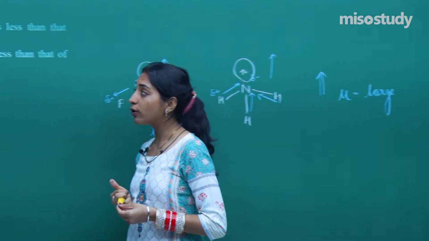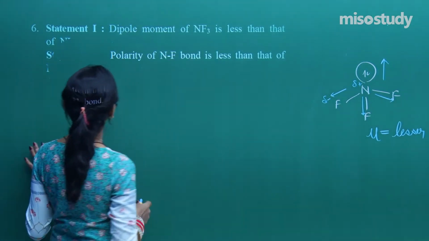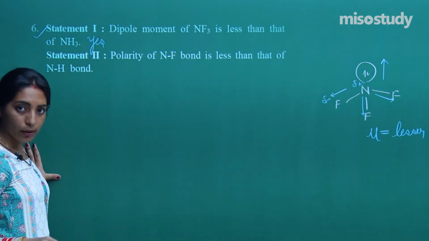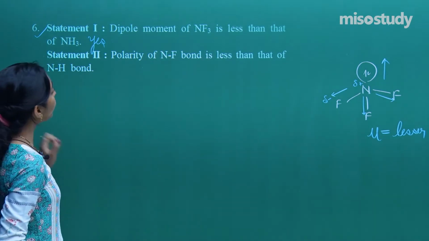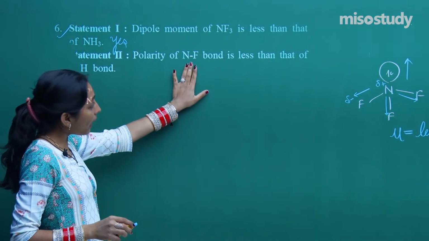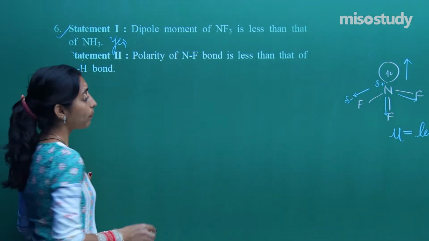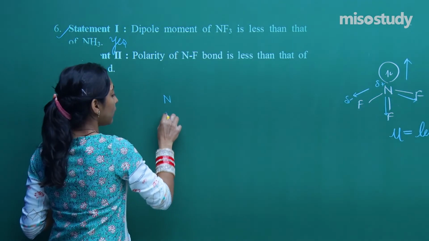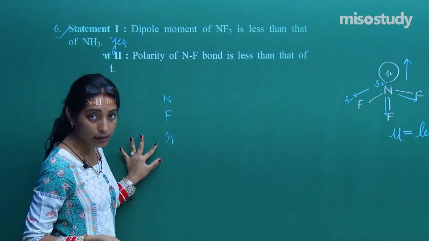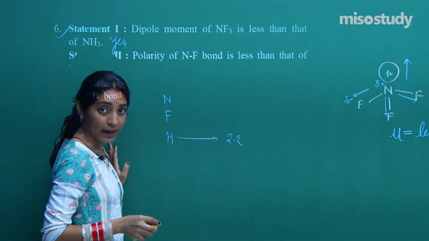So if I ask you to move on to the first statement, which says dipole moment of NF3 is less than that of NH3, yes, that is a correct statement. Okay. Now moving on to the second statement, which says the polarity of NF bond is less than that of NH bond. So see, if I ask you to write down the electronegativity of nitrogen, fluorine and hydrogen, we will say hydrogen is something like 2.2, right?